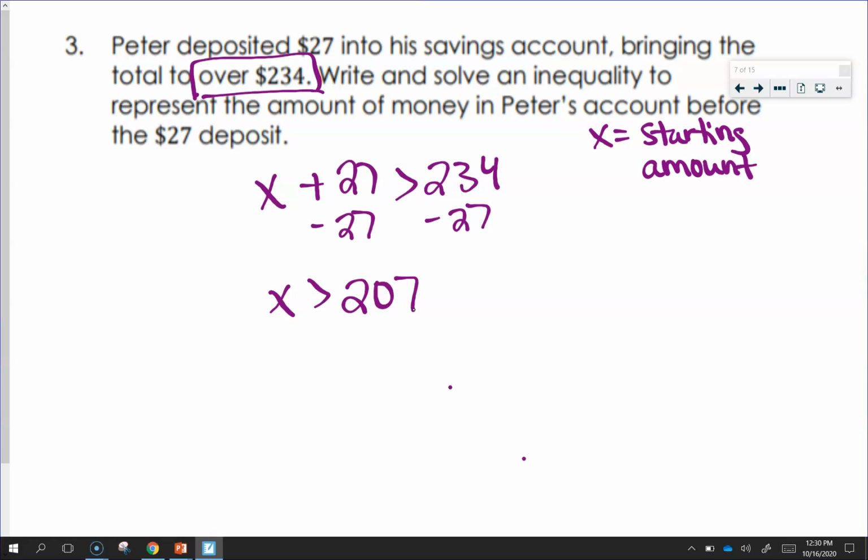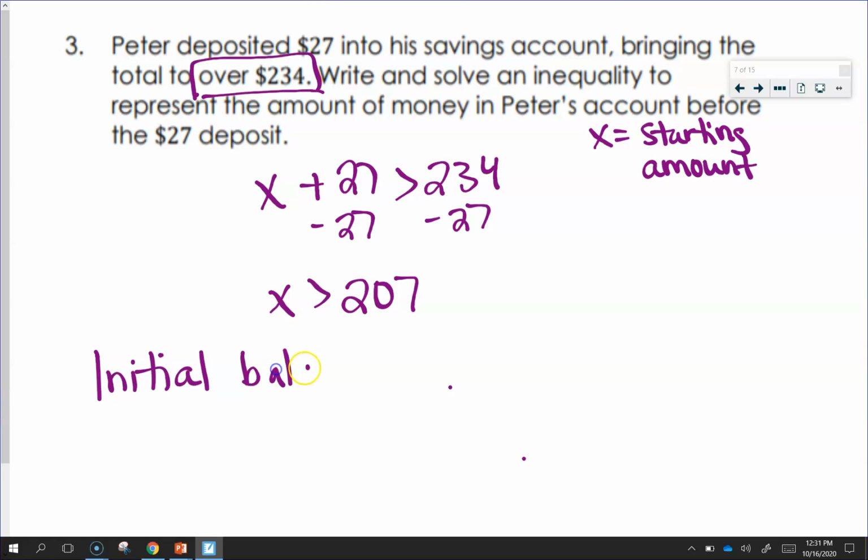Could it have been equal to $207? No, because then when you added 27 to that, you would have gotten right at 234, and they specifically said it went over that amount, right? So it had to be his initial balance. Word problems get word answers.